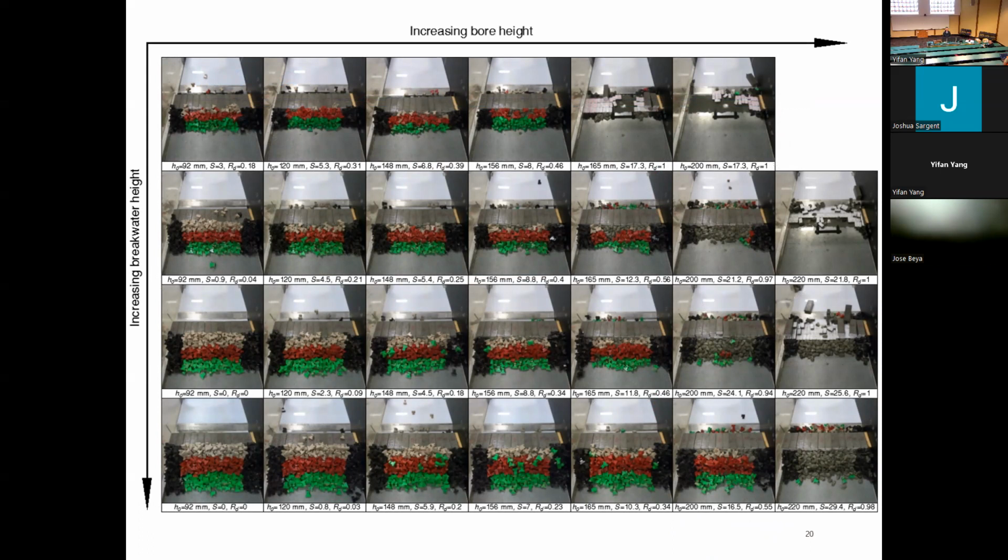Just another question about the armor units. You only tried the cube ones. What about other shapes? There are newer ones that can lock into each other and form a very strong armor layer. Yes, it should be different. That's the limitation of our work. Our work is for a similar profile with similar interlocking of the armor layer.